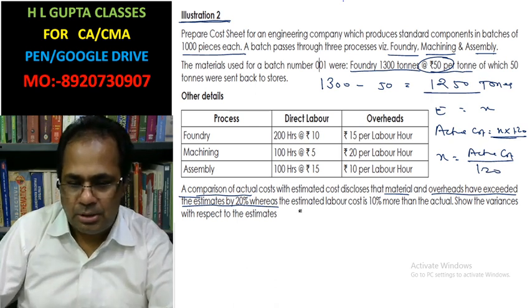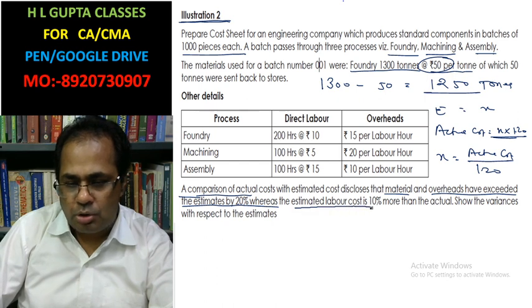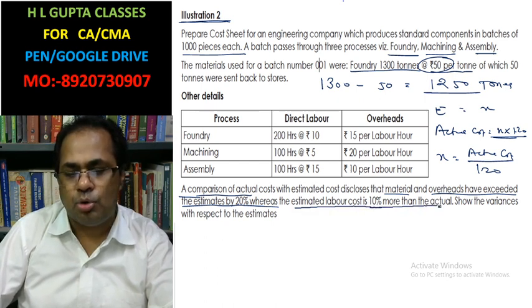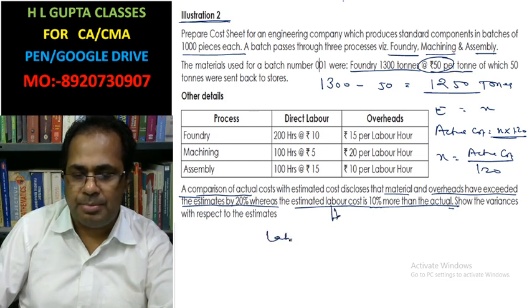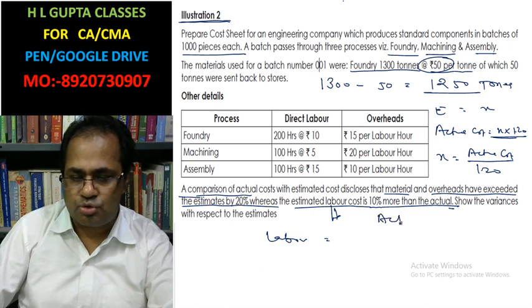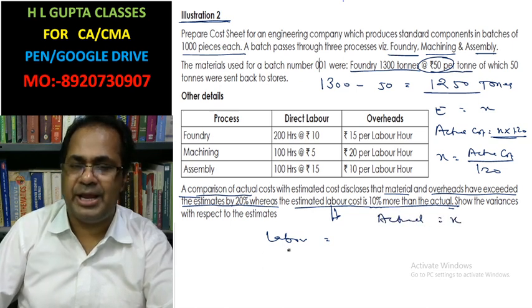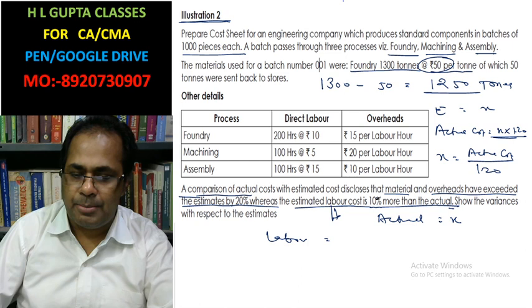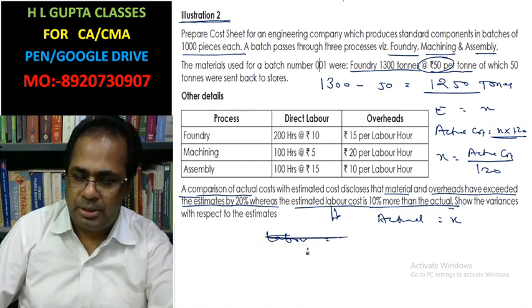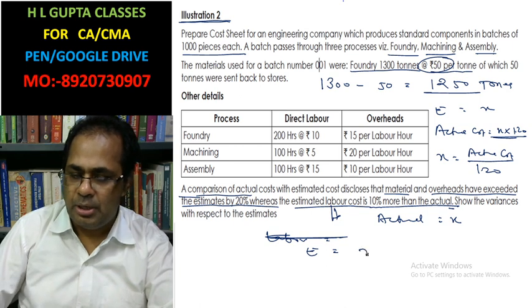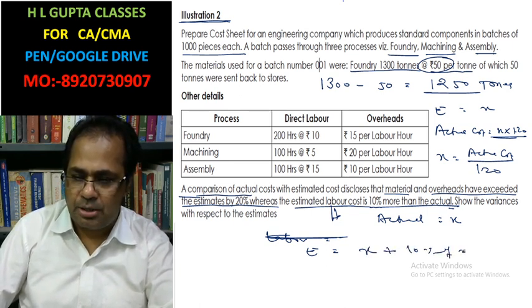Whereas the estimated labor cost is 10% more than the actual cost. In the case of labor, suppose the actual is x. The estimated labor cost is more, so the estimated cost will be x plus 10% of x.